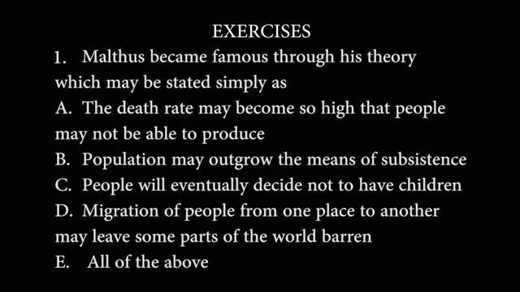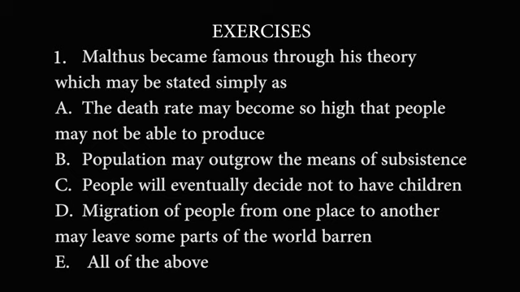Exercises. Question 1. Malthus became famous through his theory, which may be stated simply: A. The death rate may become so high that people may not be able to produce. B. Population may outgrow the means of subsistence.